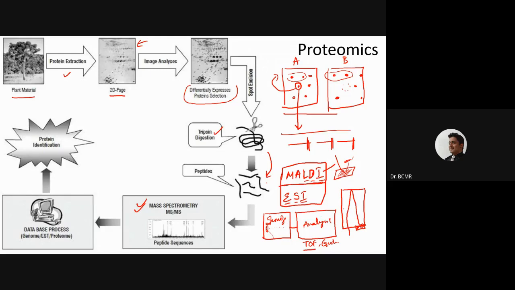Based on that, the peptides are ionized here, and they are separated based on time of flight. The computer can generate a cardiogram-like plot, something like this, which will tell you at what peak what is coming out, and there will be a lot of noise.